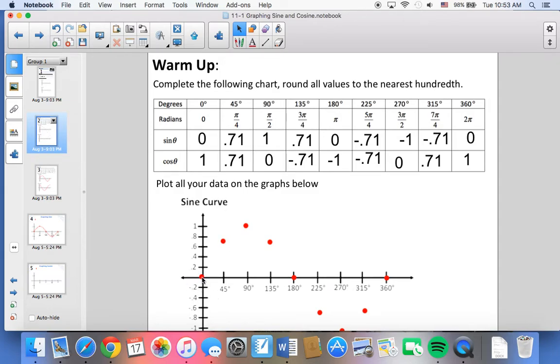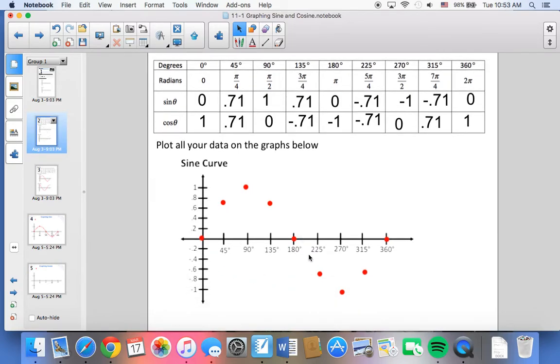Sine of 0 is 0, sine of 45, 0.71, sine of 90, 1, sine of 135, 0.71, sine of 180, 0, sine of 225, negative 0.71, sine of 270, negative 1, sine of 315, negative 0.71, and sine of 360 is 0. Then I'd like you to connect them as best you can.